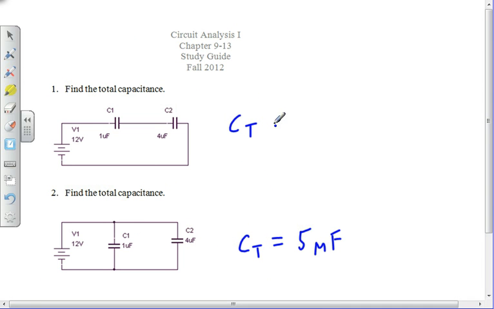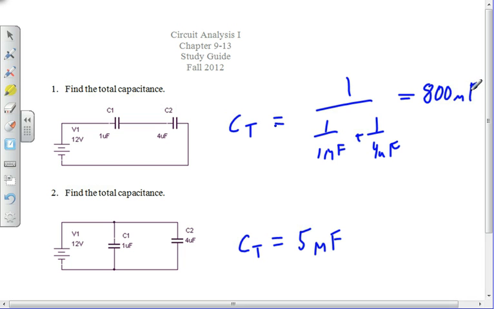C total is 5 microfarads. In series, 1 over C total is 1 over 1 microfarad plus 1 over 4 microfarad, which means it's some number smaller than 1 microfarad. And so 1 over (1 plus 1/4) equals 1 over 800 nanofarads. 800 nanofarads.